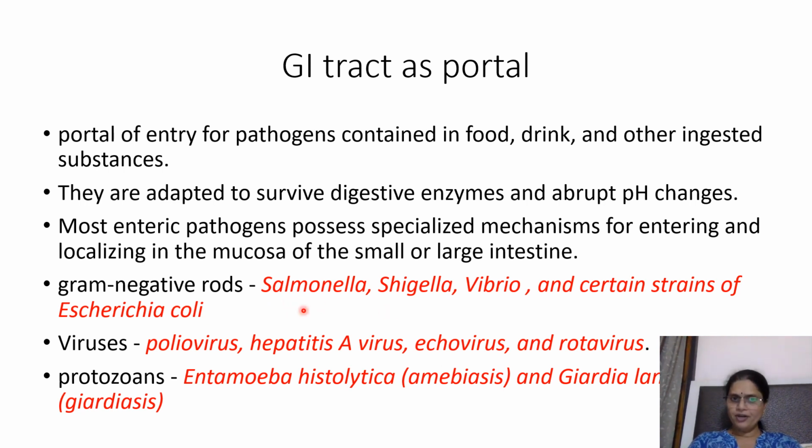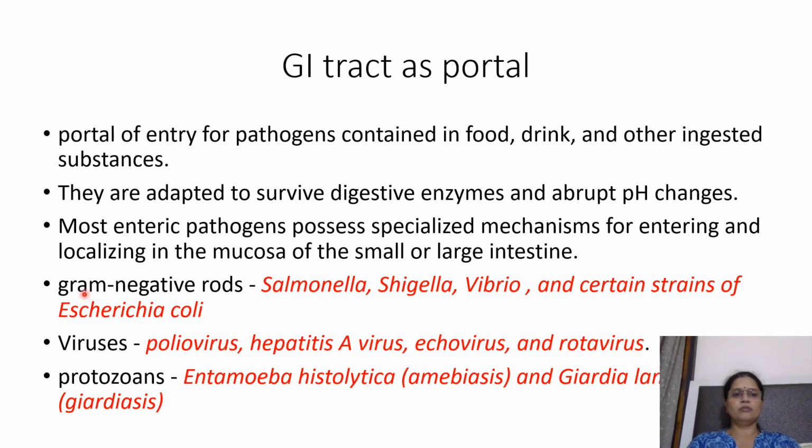Salmonella causes typhoid, you may know already. Shigella causes bacillary dysentery, or you can call it shigellosis. Vibrio causes cholera, and certain strains of Escherichia coli. E. coli, we call them normal microflora, but some strains of E. coli also can act as enteric pathogens.